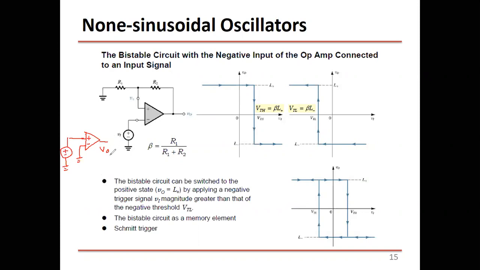So the output also goes to either L plus or L minus, right? Because this is a comparator, there is no feedback. So if V plus is greater than V minus, then it will take the highest level. If V minus is greater than V plus, it will take the lowest level, right? So what would be the characteristic curve for this circuit here? Can someone tell me?